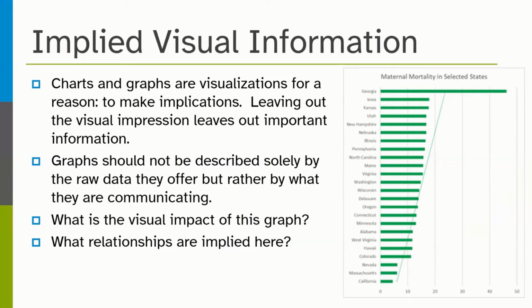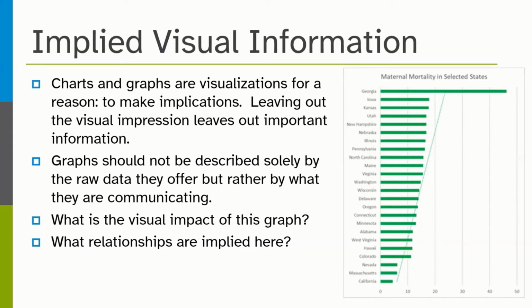And it doesn't even include all 50 states, but yikes, Georgia, the state that I am in right now, by far and away has the highest maternal mortality, more than double any of the other states listed. So the reason being is someone was probably trying to make a statement about Georgia's maternal mortality rates.